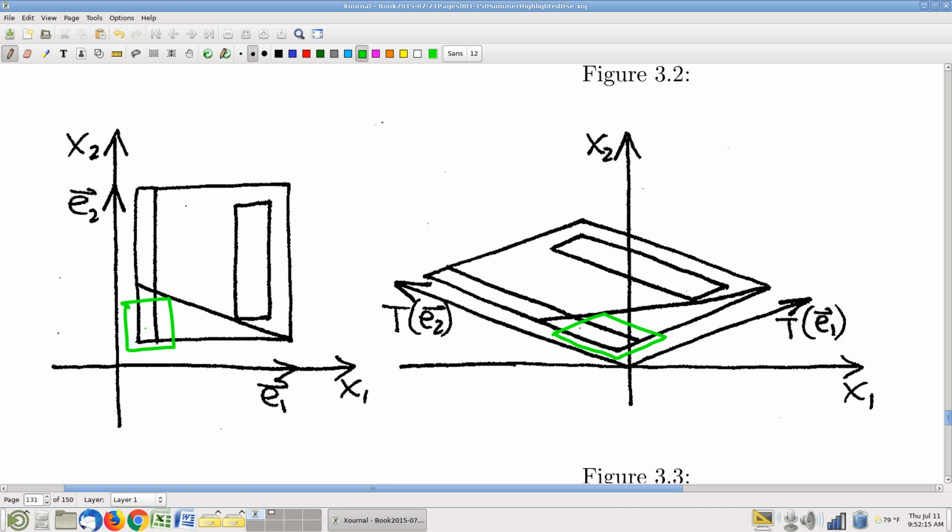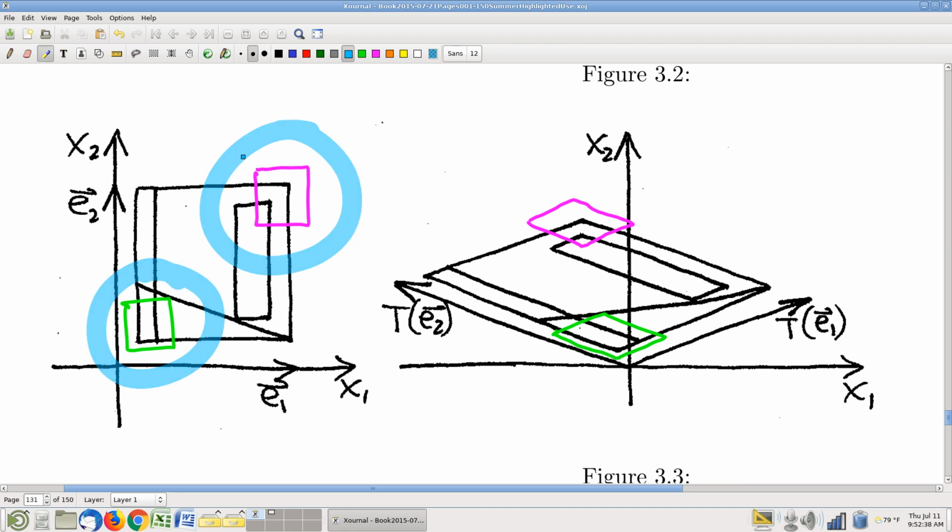Well, way over here, that little region gets bent around. Let's see if I can, artistic challenge here. It gets bent around in an analogous way. And you can see that the idea is that these two things that have the same shape in the domain, their images have the same shape in the target.